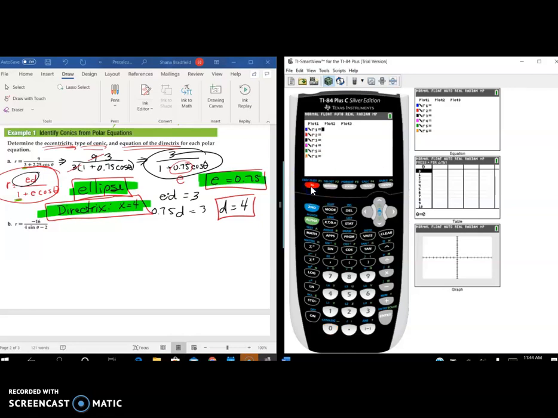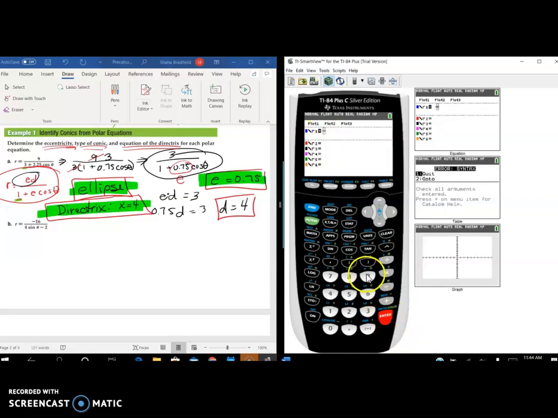Okay, so we go to the y equals, which is really r equals in polar form. And if you remember a little trick before, we can make a fraction if we hit alpha and y equals, and that's going to give us an option of how we want to enter our fraction. So I'm going to pick number 1 there, and that's just going to give us a numerator right over the denominator, and we don't have to use so many parentheses then.